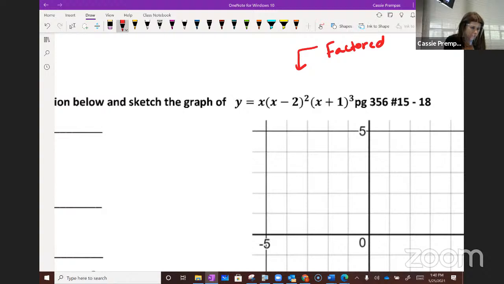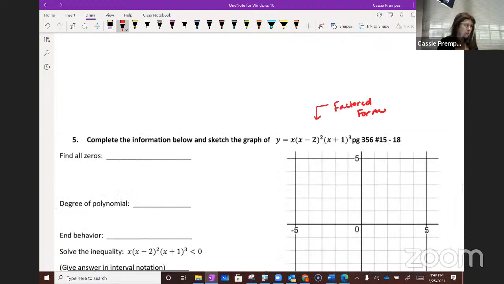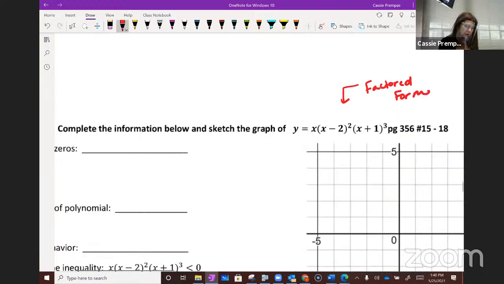You have to envision, when you're looking for the end behavior, what this would look like if it was multiplied out. Essentially, what would be the highest exponent or the degree? Close. I do have 2, I do have 3, but I have x to the first as well. Good. So this is going to be a degree 6.